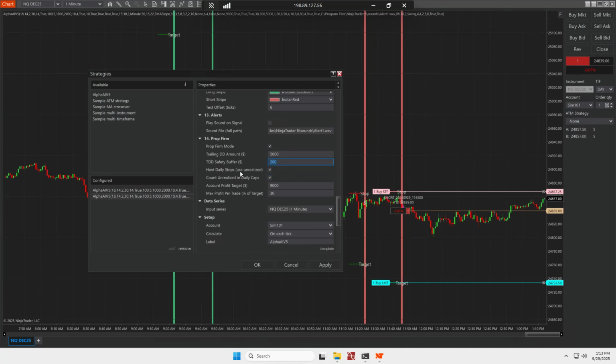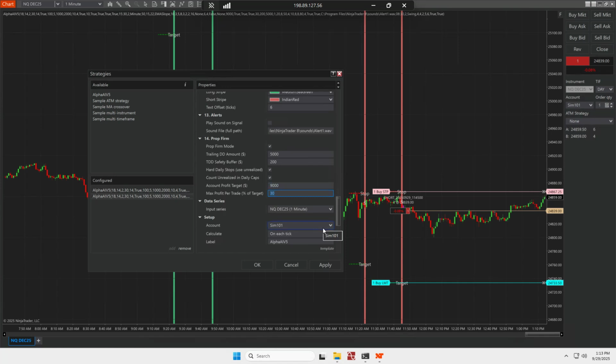Also, we have an option to hard daily stops when you use unrealized, which means if we are in a trade and for any reason, let's say, we also have the account profit target, which we add here, $9,000, and the max profit per trade, 30%. So let's say you are in a trade now and the daily profit is $9,000.